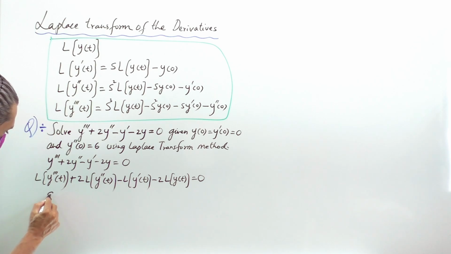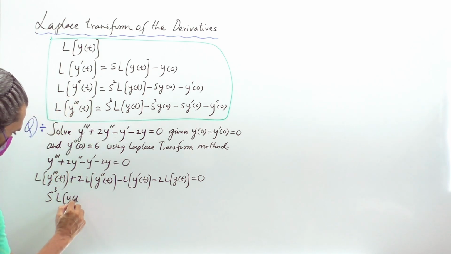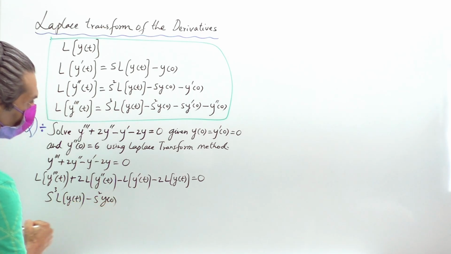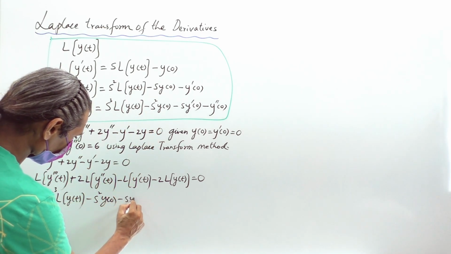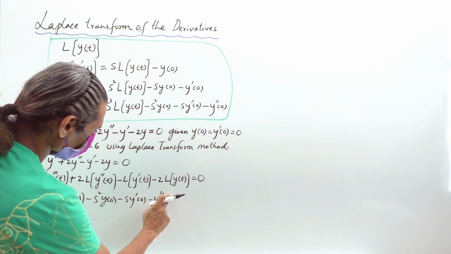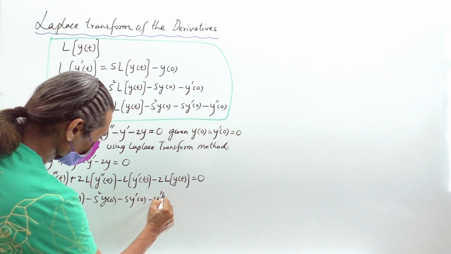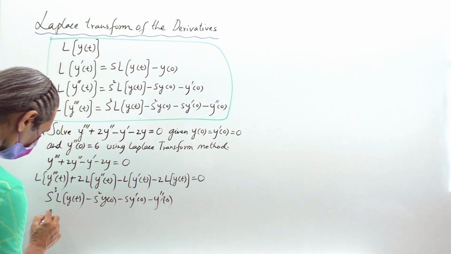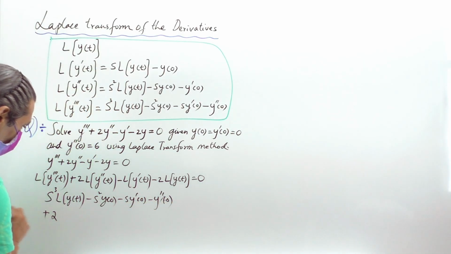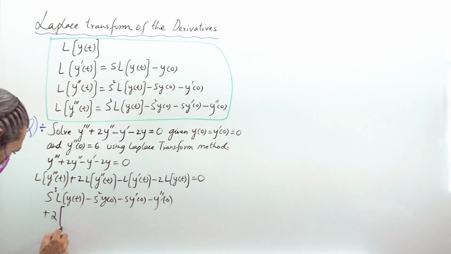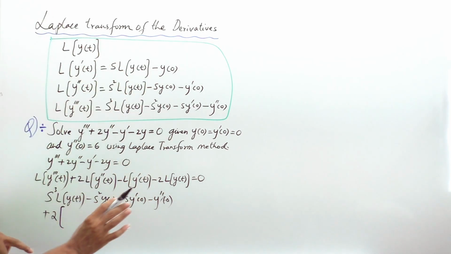It's s cube L of y of t minus s square into y of 0, write it carefully, minus s into y dash of 0 minus y double dash of 0. Right? Next, plus 2 into L of y double dash of t. So what is it? Put a bracket here, since we are multiplying, so put a bracket here.